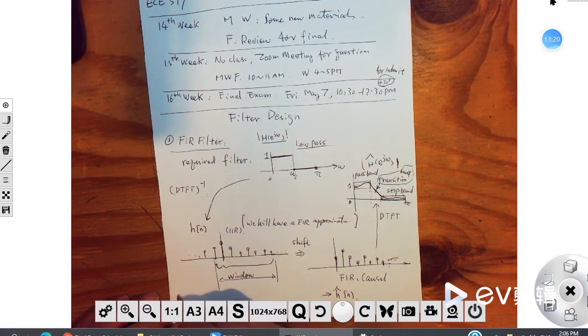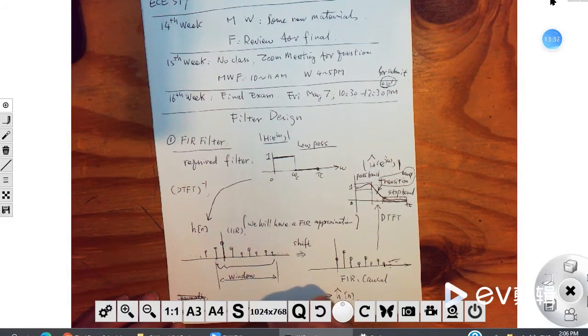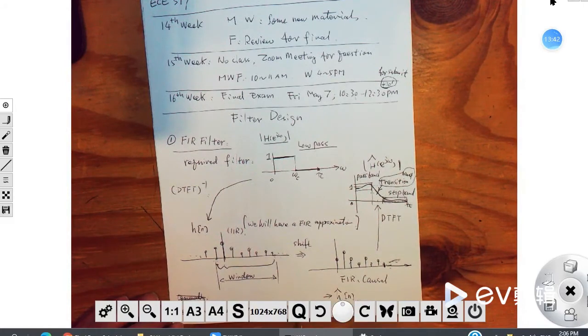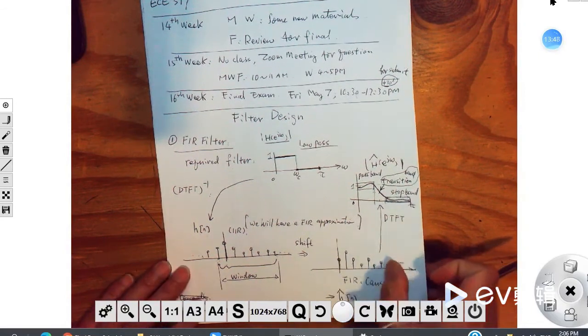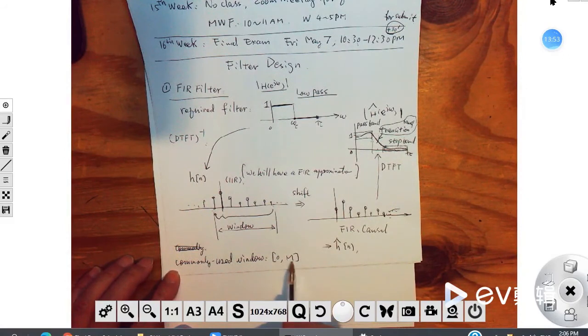So the commonly used window is just from 0 to some M, and you increase M. On the other side, you do not use the negative side, just 0 to M. You can increase M to get H hat a better approximation.